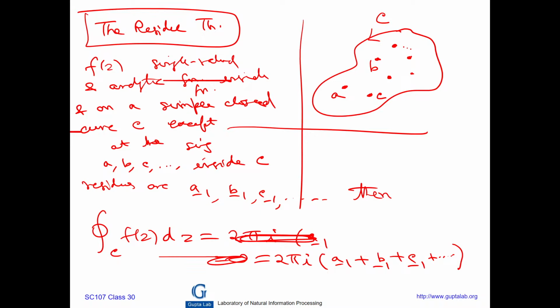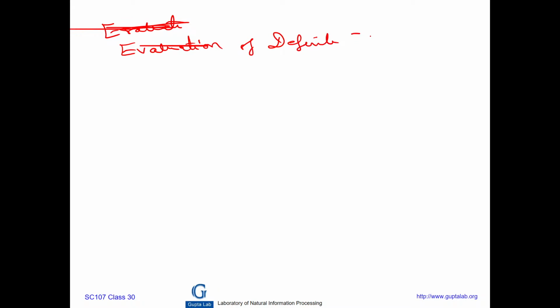Now let us see how useful this result is. It's very useful. First application that we are going to do is evaluation of definite integrals.